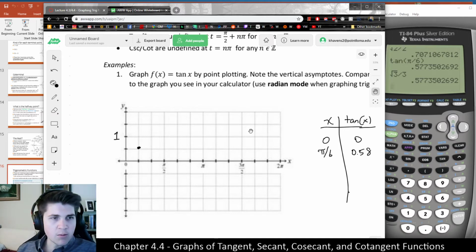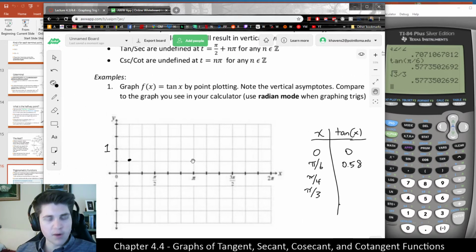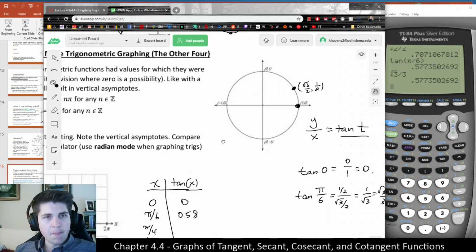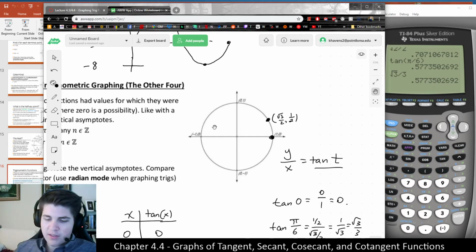Okay, neat. Well, what's going to happen? Say, for example, I was to go to the next point, pi over 4 or pi over 3, those same points on the unit circle. Well, if you remember about pi over 4, which is going to be right here on my xy graph, that's the point on the unit circle which was directly in the middle, right there.